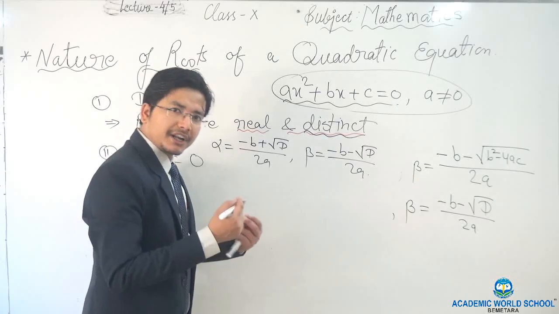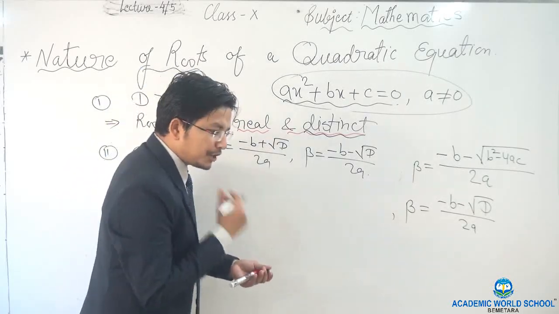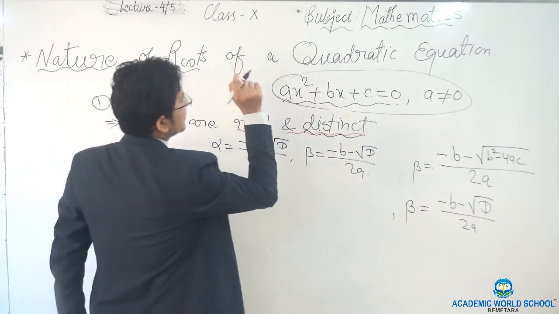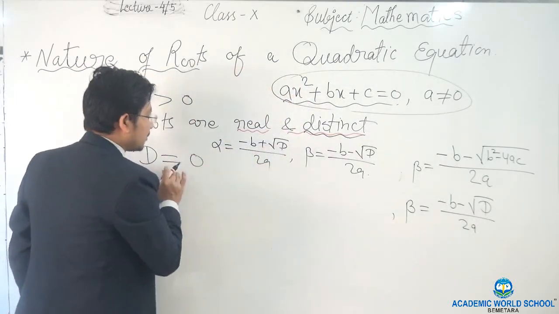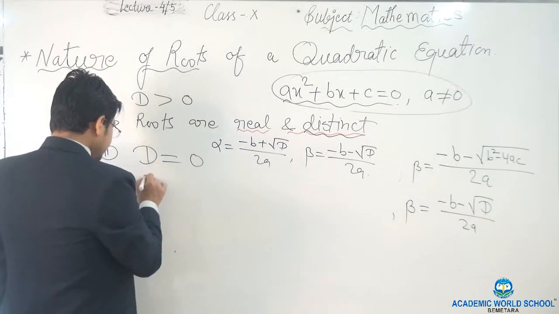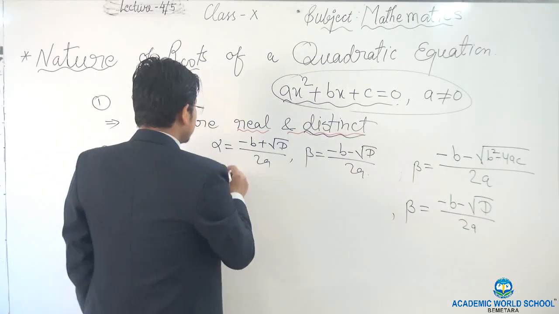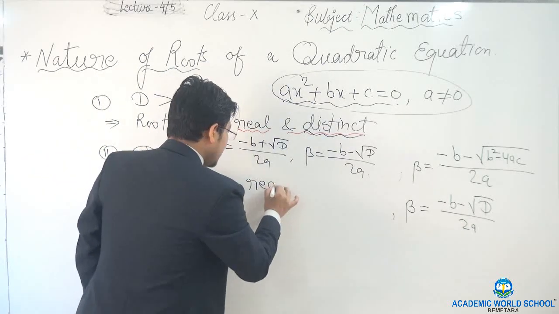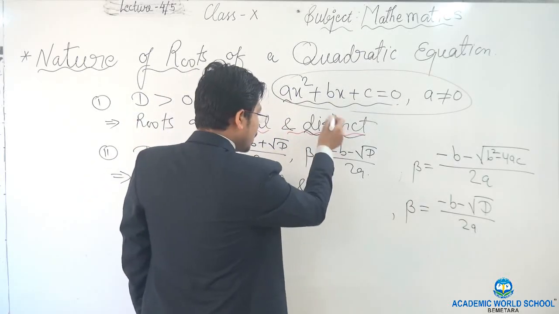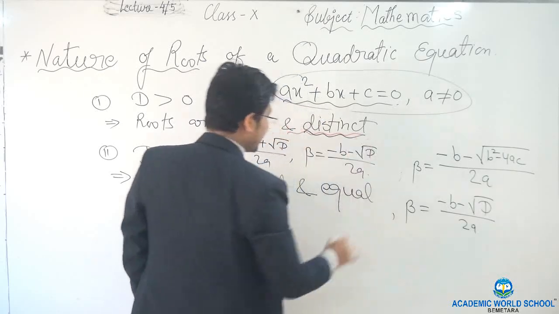Now the second condition, if D is equal to 0. We have a quadratic equation, we found the value of D, and we got to know that the discriminant of this given quadratic equation is 0, then the roots are real and equal.